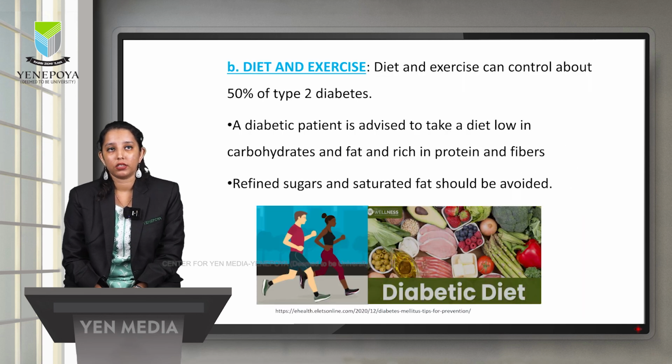Diet and exercise. Almost 50% of type 2 diabetic people can control their sugar level by proper diet and exercise. A diabetic patient is advised to take a diet low in carbohydrates and fat and rich in protein and fibers. Refined sugar and saturated fat should be avoided.